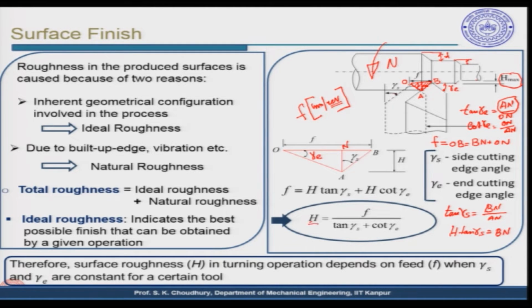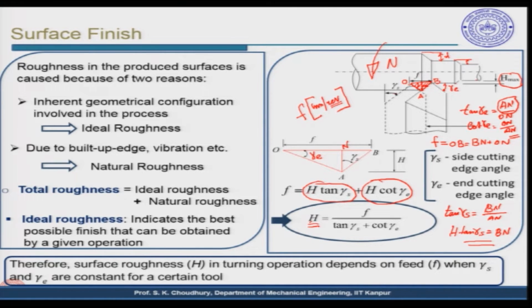So, h we can find out from this equation, because f is equal to BN plus ON; this is BN that we found here, and this is ON that we found from here.